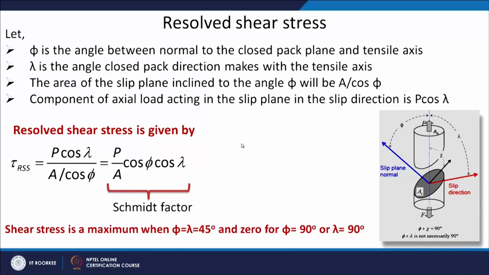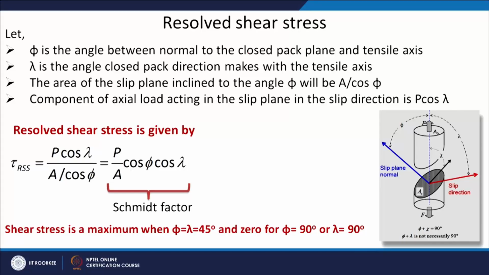This is the idea. So, instead of the 45° given by the Tresca criterion, we have to see whether my close pack plane and close pack direction are lying in that particular direction or not.